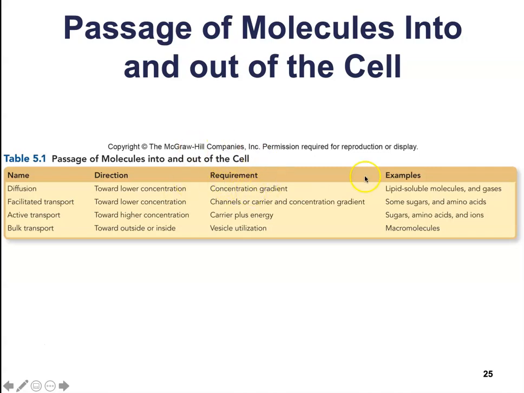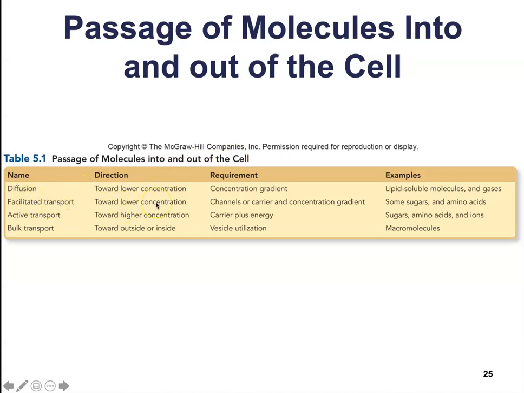That's what this says here, and it gives examples of things that can diffuse across the membrane on their own. Diffusion in general, with no membrane, is the movement of molecules along their concentration gradient. Here we're particularly talking about diffusing across the plasma membrane, into and out of the cell.